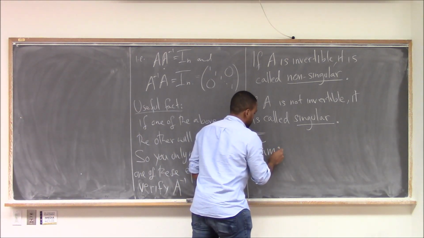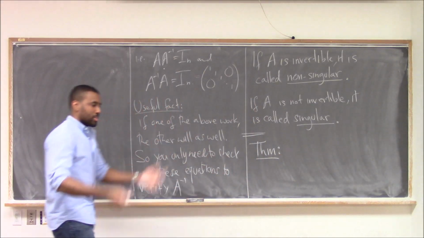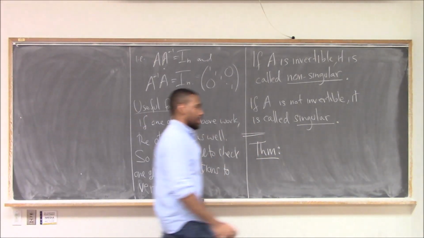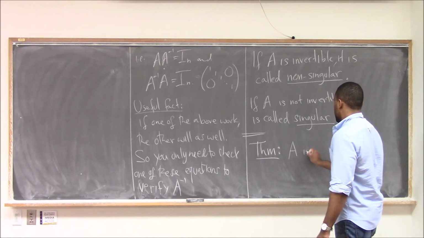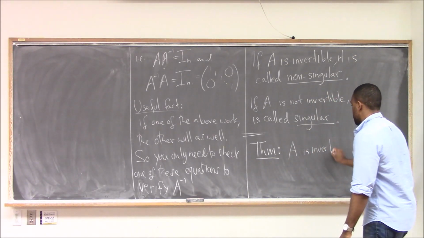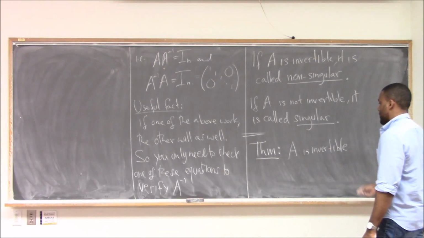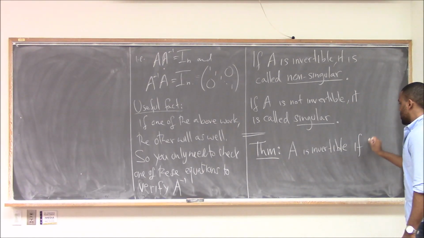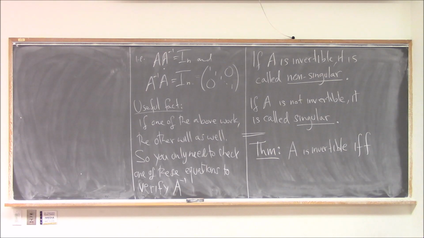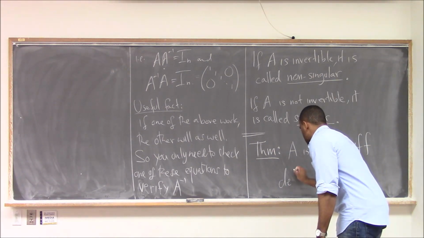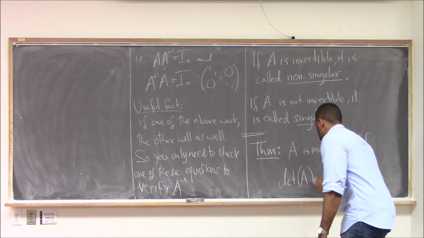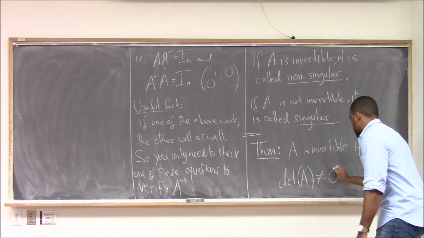Here's a theorem, a statement you will just take on faith because we don't really prove anything in this course. It turns out that A is invertible if and only if, that means it goes in both ways, the determinant of A is not 0.